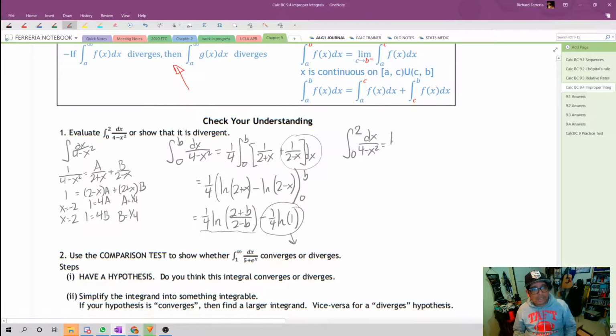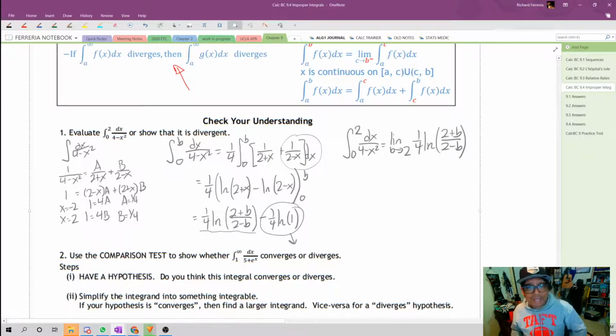That's going to be equal to the limit as b approaches 2 of 1/4 natural log of 2 plus b over 2 minus b. Let's analyze this second limit.